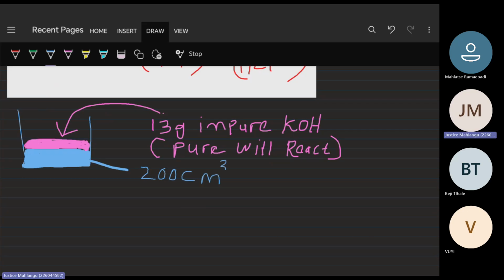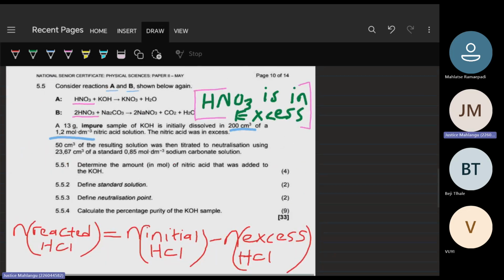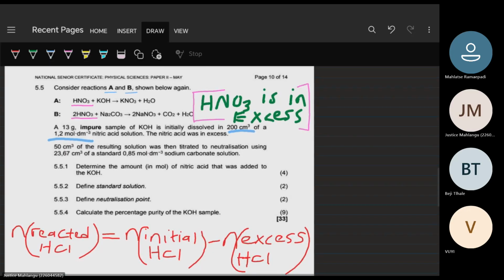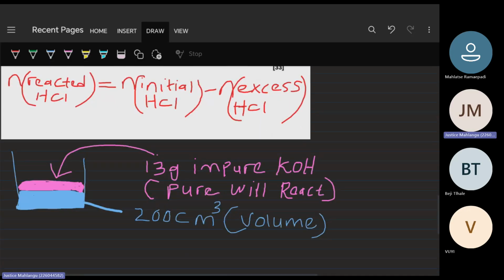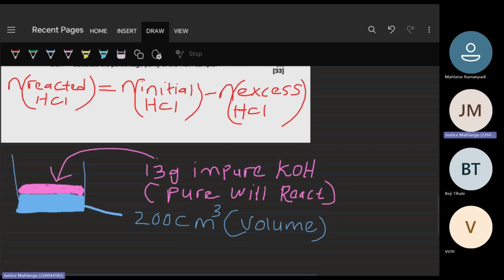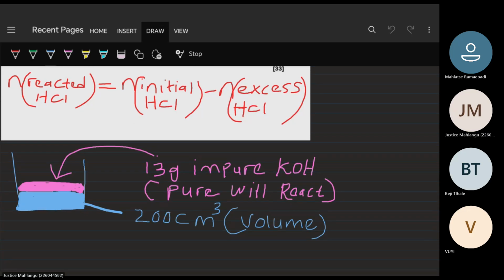This is the volume, but it is the volume of the nitric acid, the volume of HNO3. That is its volume there.